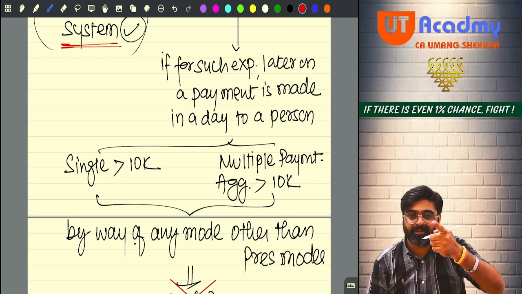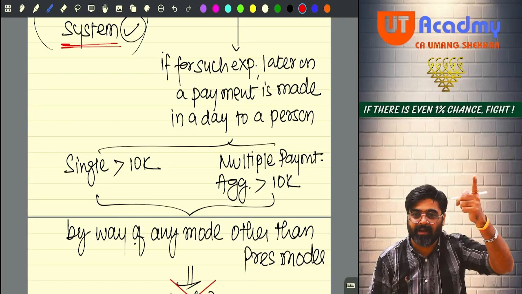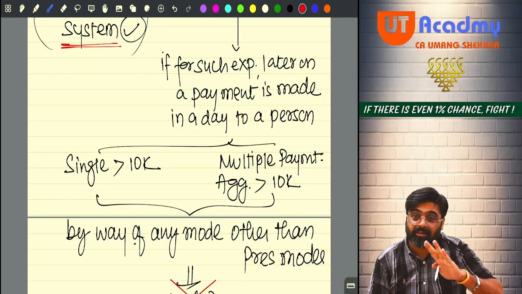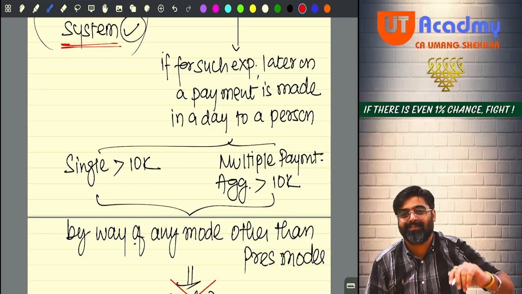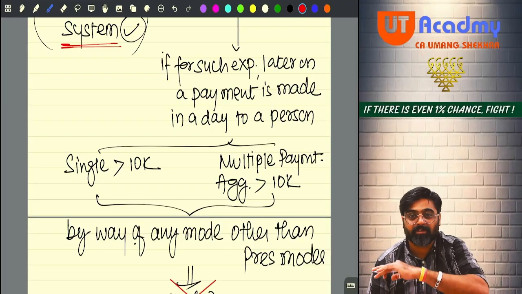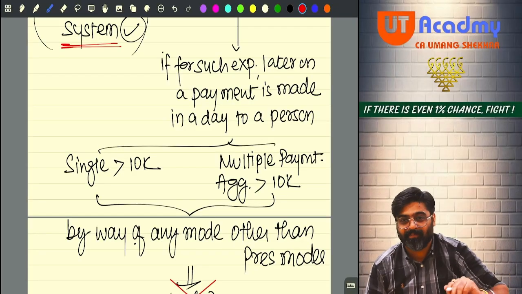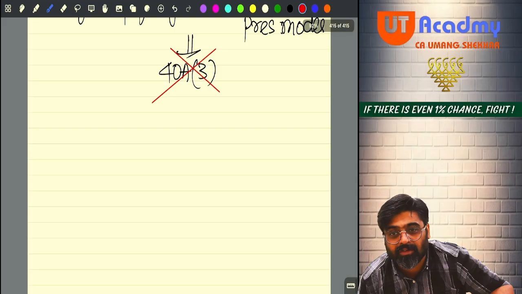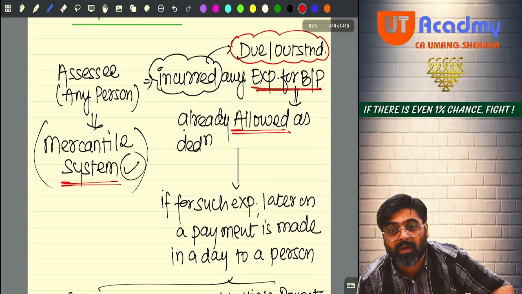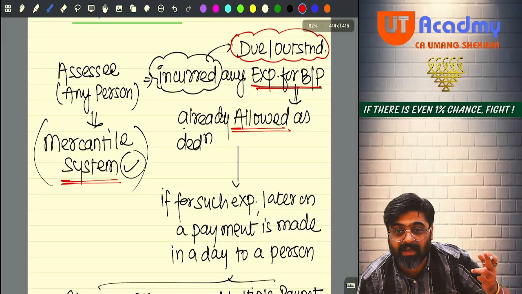But this way, the assessee is fooling the department, fooling the government. And the assessees used to fool, and they fooled for many years. Few years back, an amendment came. 40A(3) cannot be applied in these situations, meaning that this expense should not have been allowed, but you have already claimed it as a deduction.